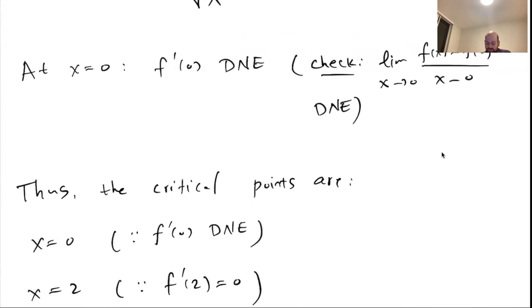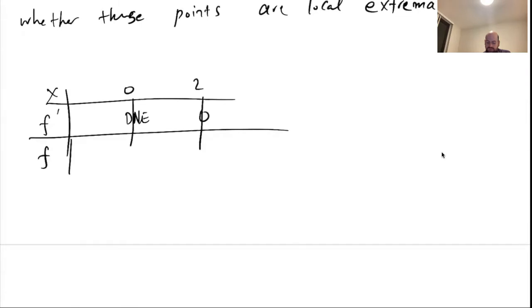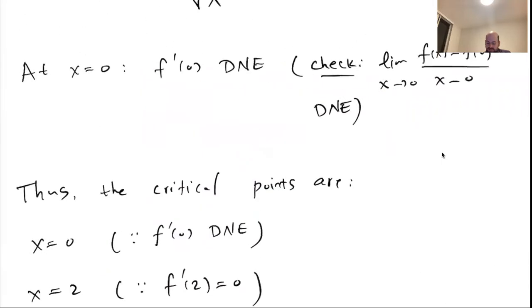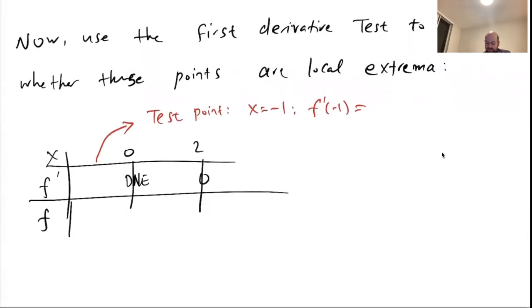Before 0, you can use a test point. Let's say x equals -1. F prime of -1 equals how much? 5 times -1 minus 2 over cube root of -1. So this is a positive number.